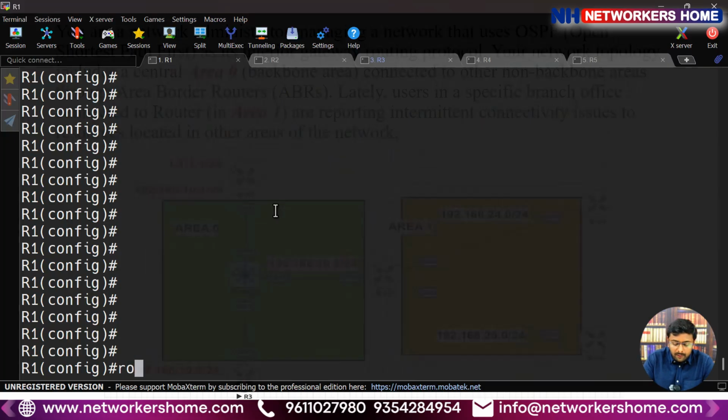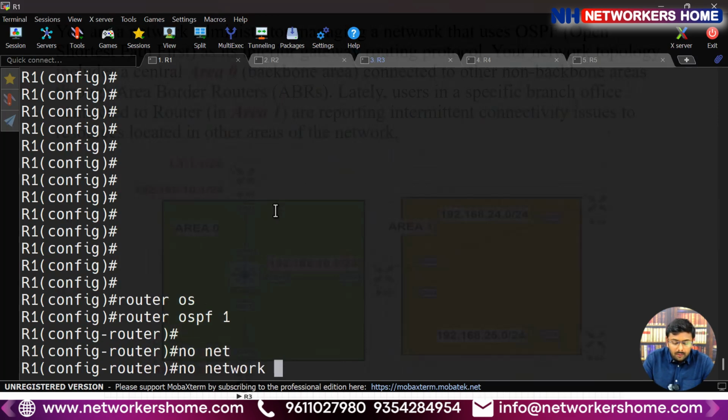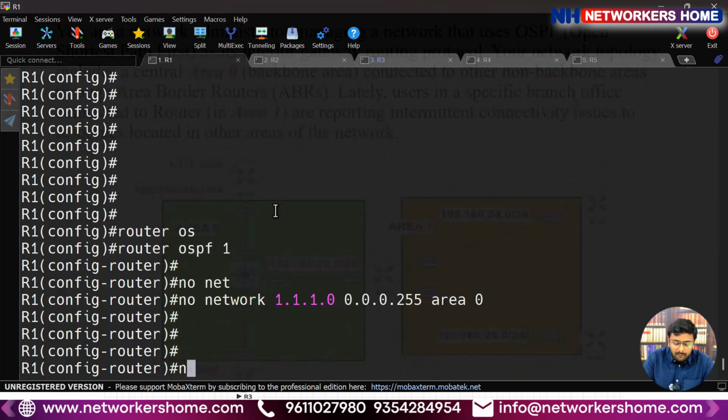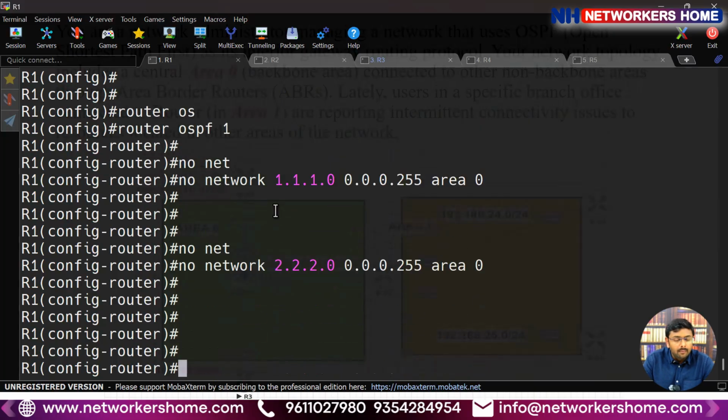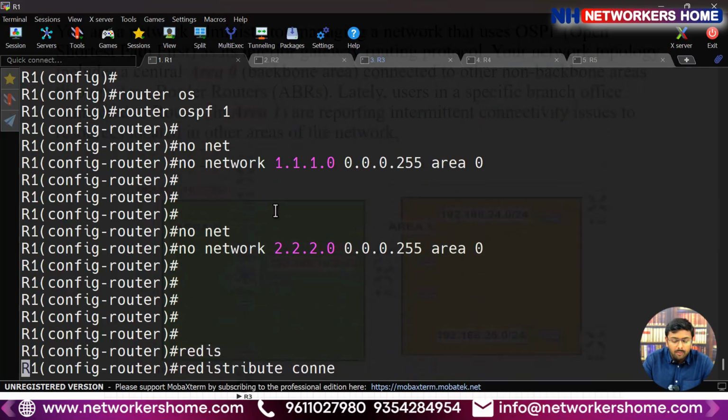So if we give here router OSPF 1, and we remove no network 1.1.1.0 and 0.0.0.255 and area 0, and even remove no network 2.2.2.0 and 0.0.0.255 and area 0, and what we do, we redistribute the connected information.